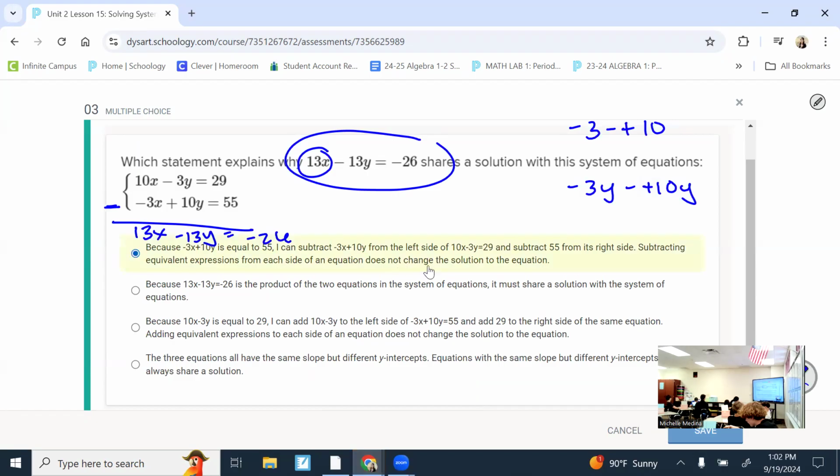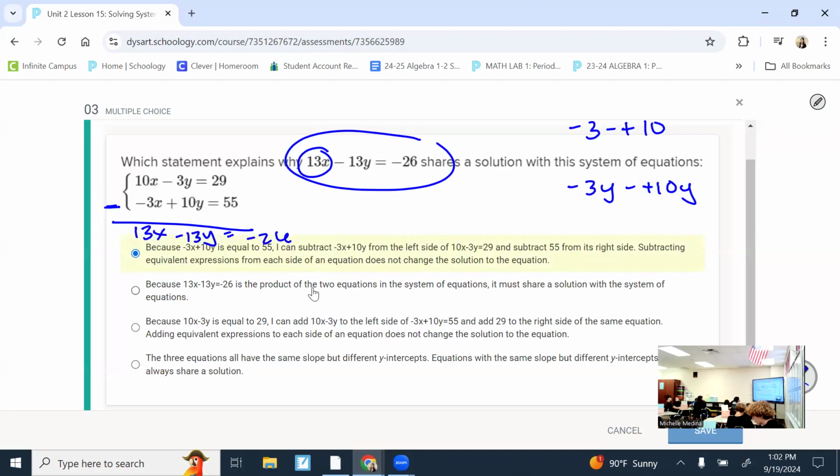Okay, so far that answer is looking good. I know I didn't read it out loud, but let me compare it to the others and then I'll explain. Okay, so the one that says that we subtracted is the one that is right.